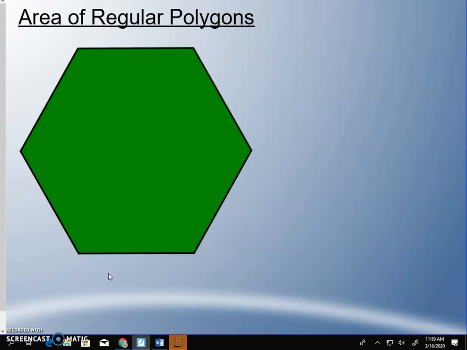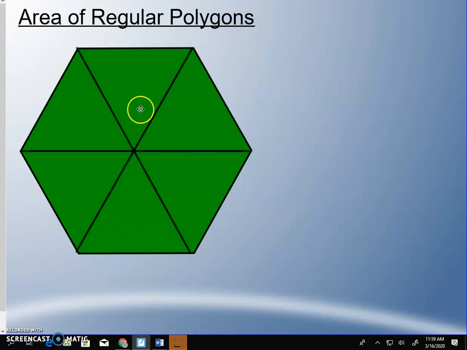As a matter of fact, you know one of our favorite shapes to go to in this entire year of geometry is a triangle. And if we draw in some of the diagonals of this hexagon, you'll notice we form 6 triangles. By using some basic proof, you know that all these sides are equal because it's a regular polygon.